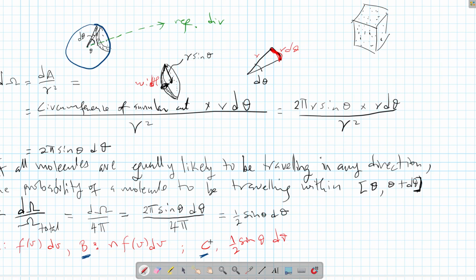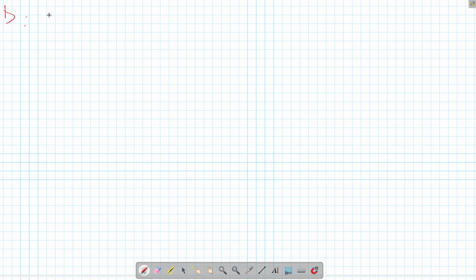Okay, so on top of that, we want molecules such that their velocity, let's say v star, is in the range v and v plus dv. And this "and" is very important.